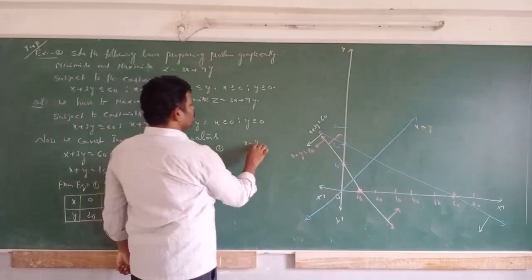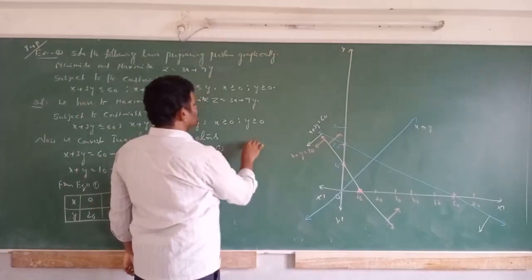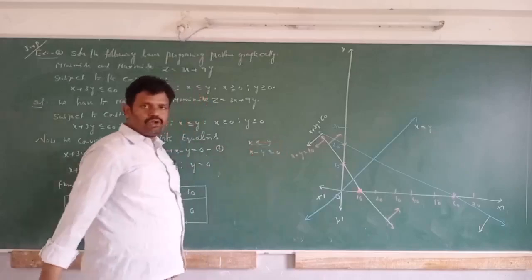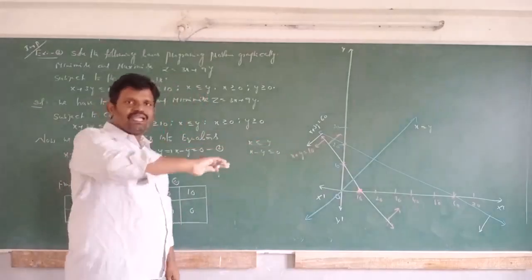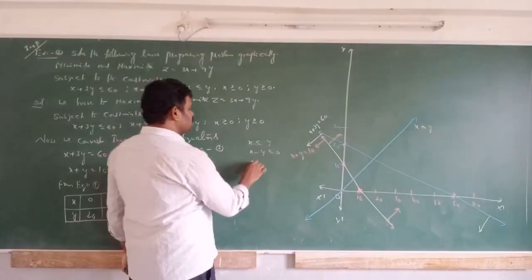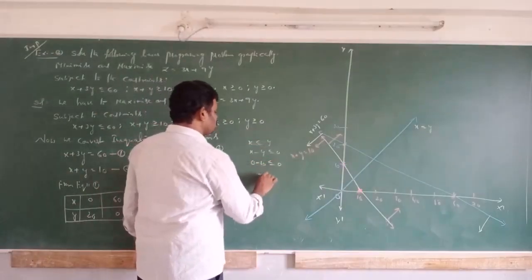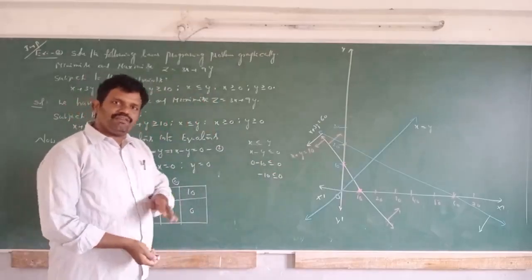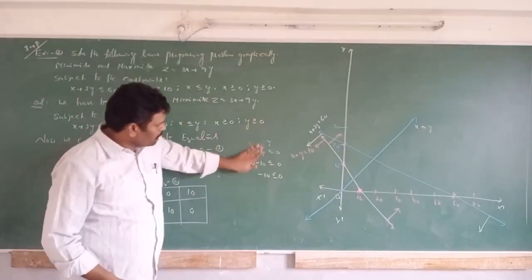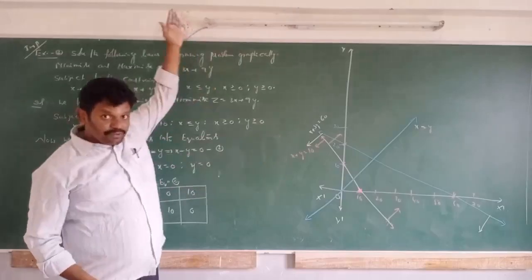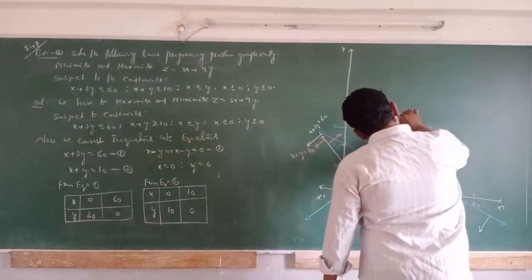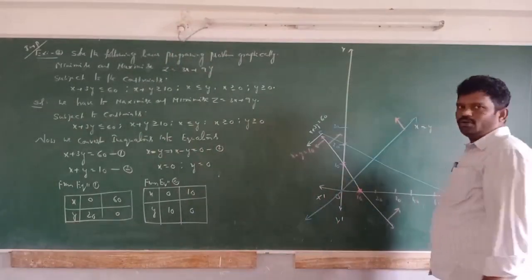Suppose x is less than or equal to y, so x minus y is less than or equal to 0. Above the line, take the point 0, 10: 0 minus 10 is minus 10, which is less than or equal to 0. Satisfied. So the region on the side of the point is shaded, above the line. Okay, understood that?